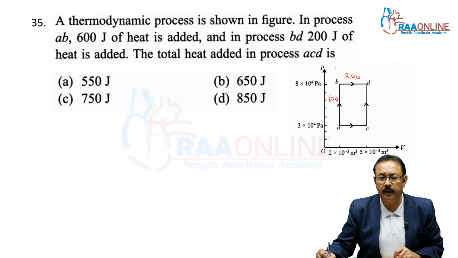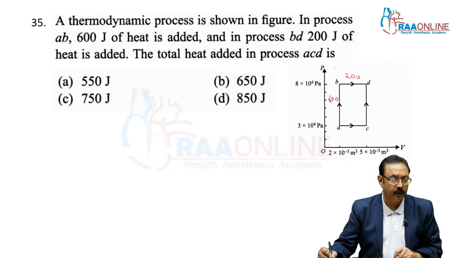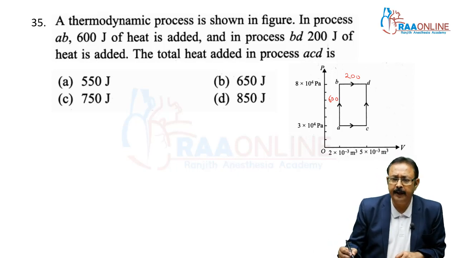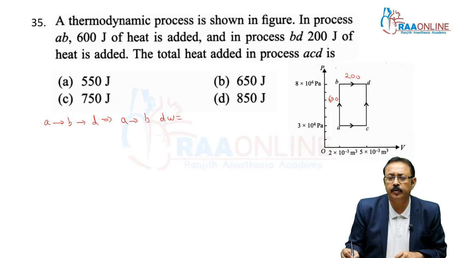So we can calculate the change in internal energy first along this path, if we are going from A to B and B to D. A to B, work done is 0. Why is work done 0? No volume change is there.